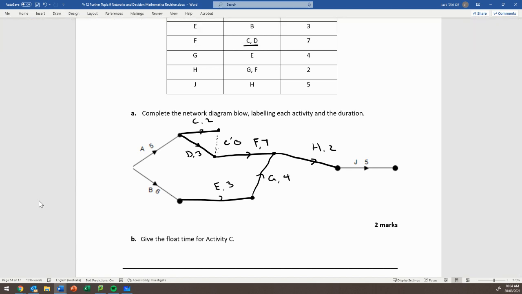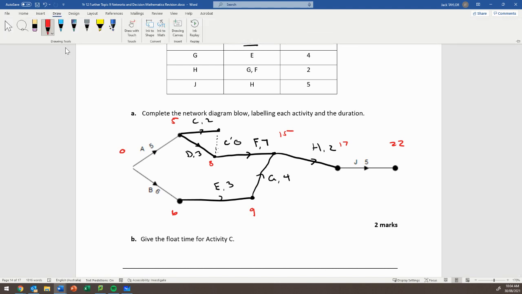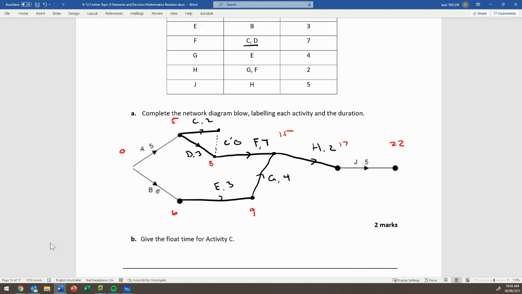All right, 0, 5, 6, here will be 8, 9, 15, 17, 22, and for my backwards, 22, 17, 15, 11, 8, 5, 8, and 0.